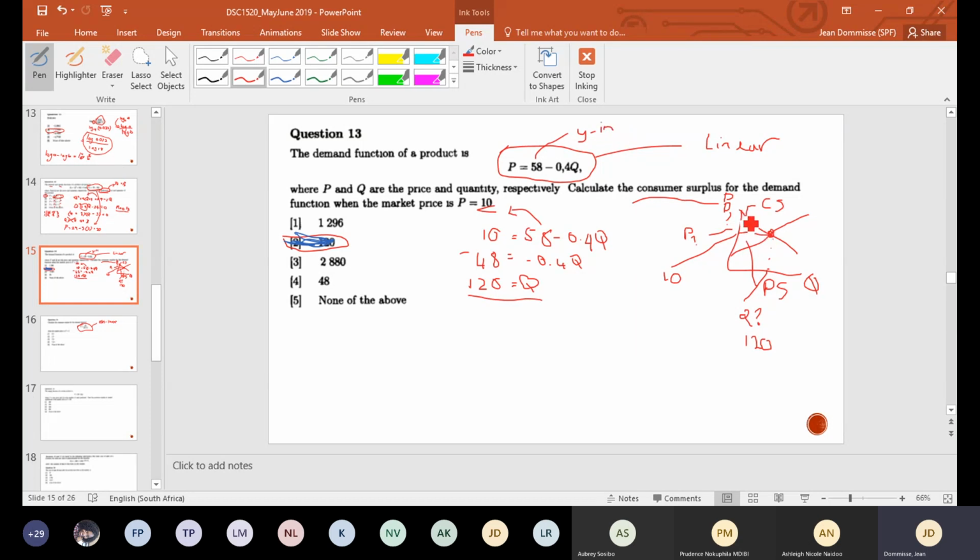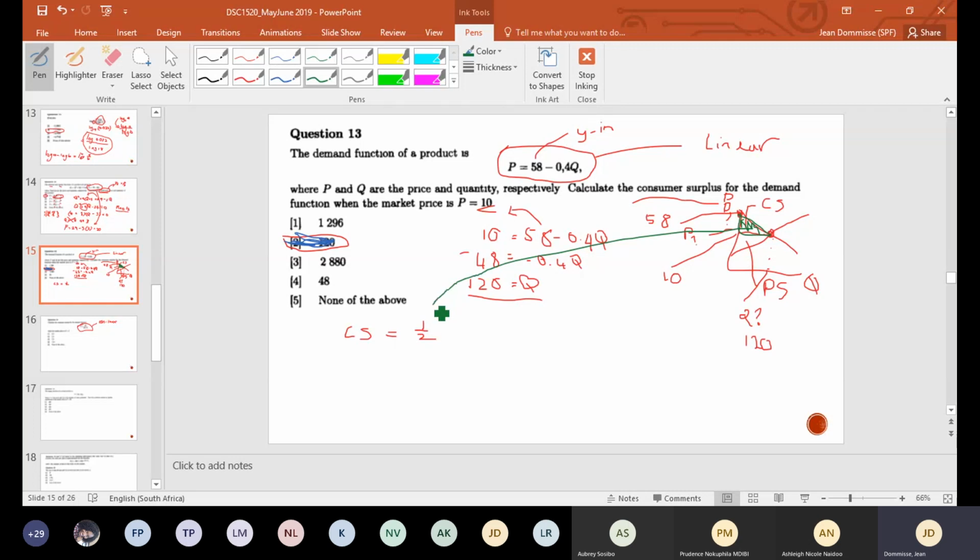So we know that point is actually 58. For your consumer surplus, because it's a triangle, we need to work out the area of that triangle.